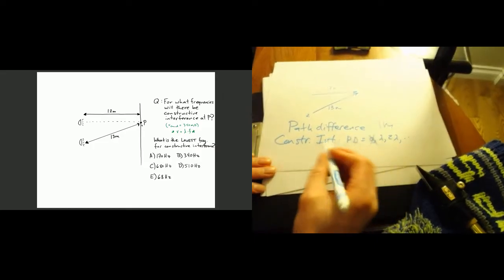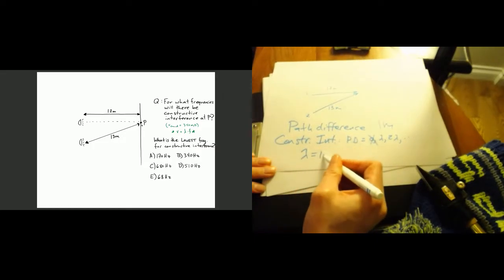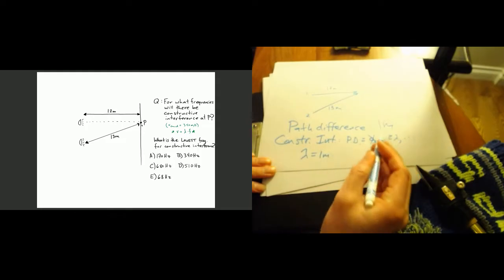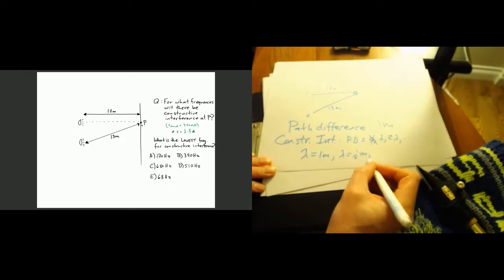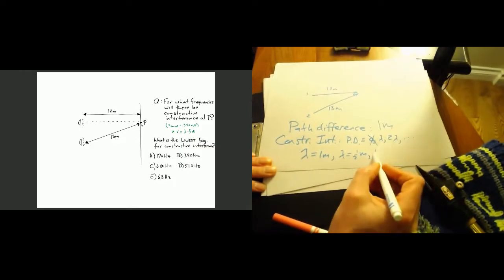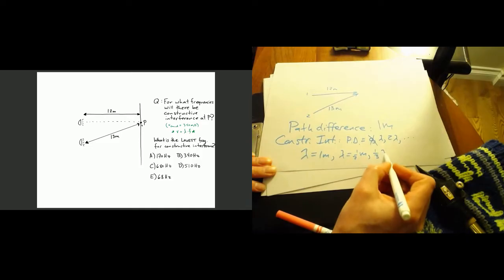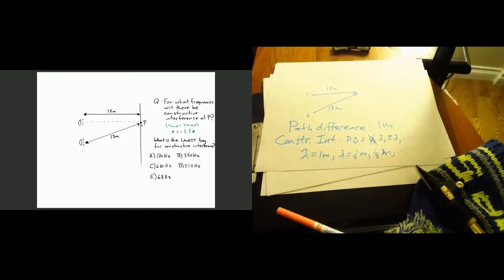But what we could have is lambda equals 1 meter, or 2 lambda equals 1 meter, so lambda equals 1/2 a meter, or 3 lambda equals 1 meter, so lambda could be equal to 1/3 of a meter, and so forth. For all of those possibilities, you're going to get constructive interference.